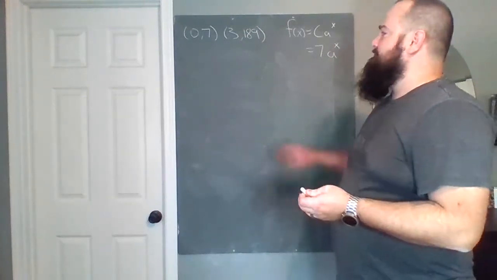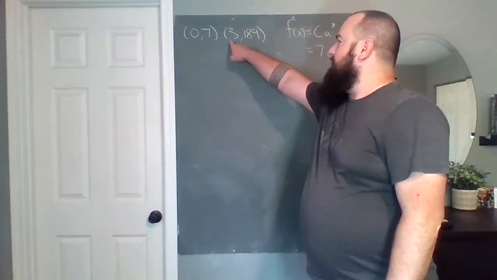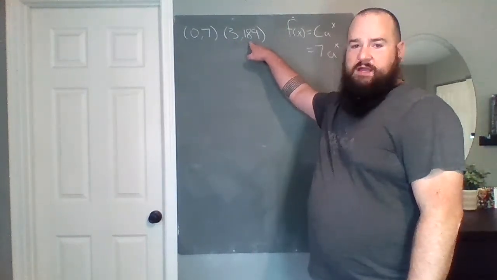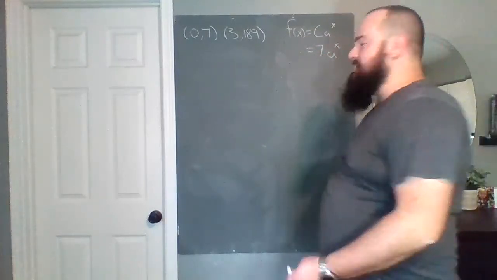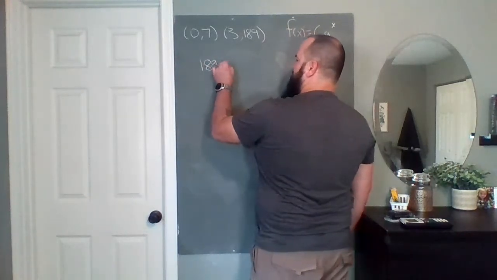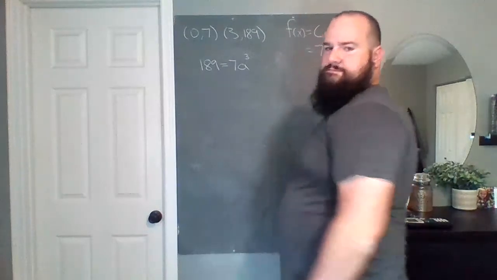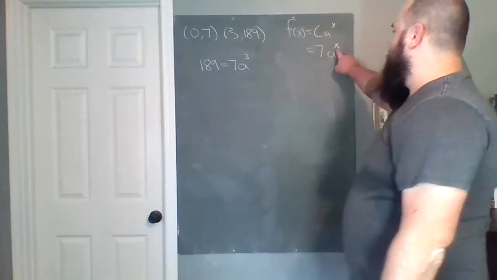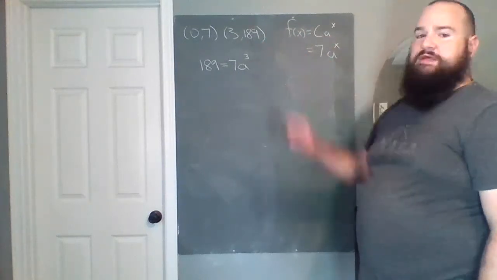The way we do that is using this other point. So I use this point where we have this x and this y to create an equation with what I know. So what I get is the equation 189 equals 7 times a cubed. So I replaced my x with the 3, and I replaced my output with 189.